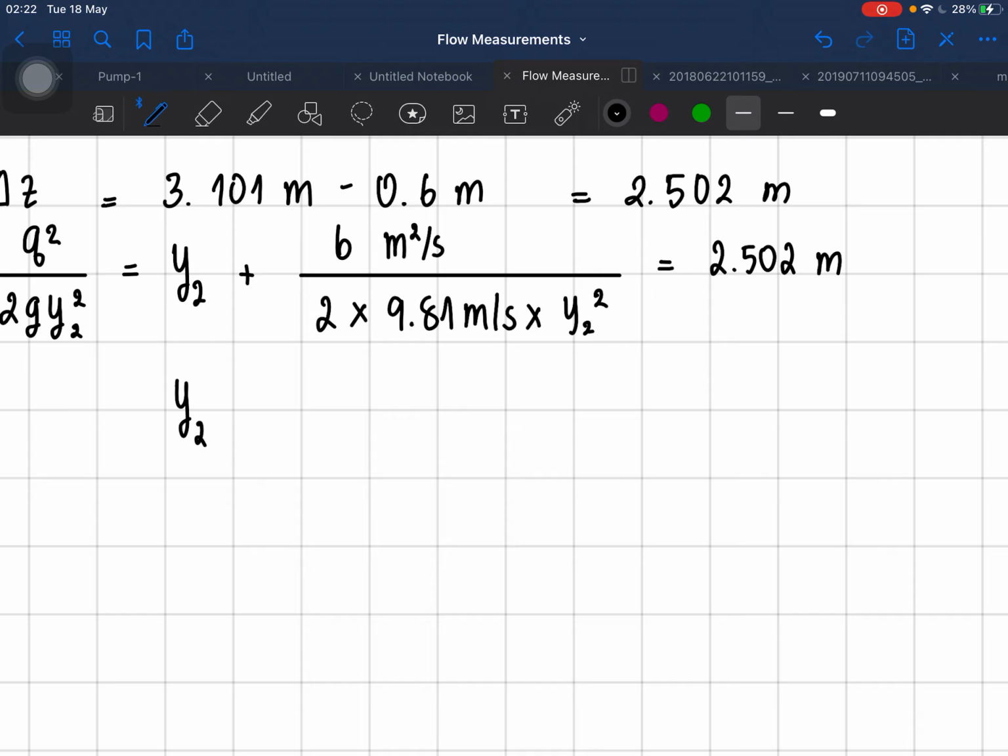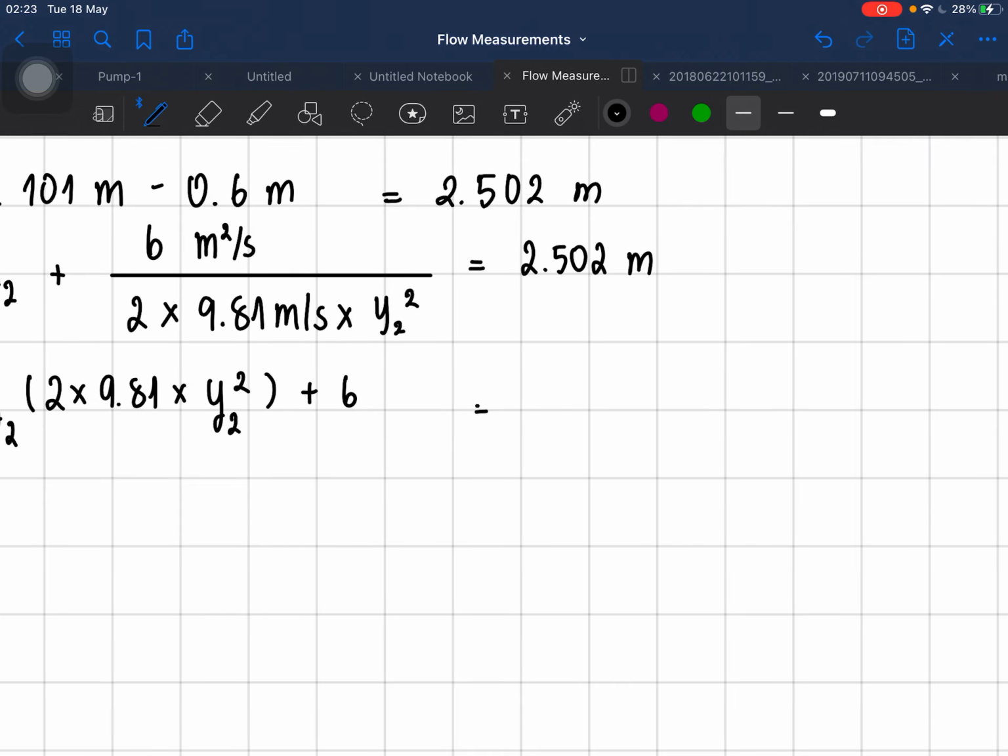y2 times 2 times 9.81 times y2 squared plus 6 over 2 times 9.81 times y2 squared.